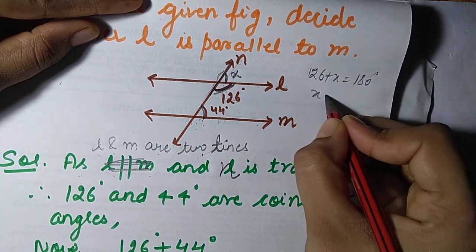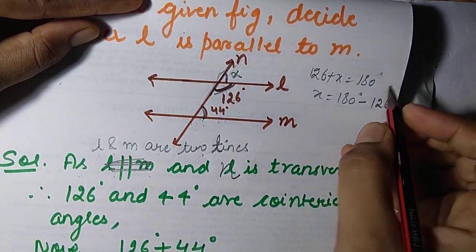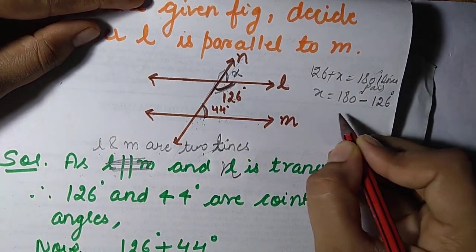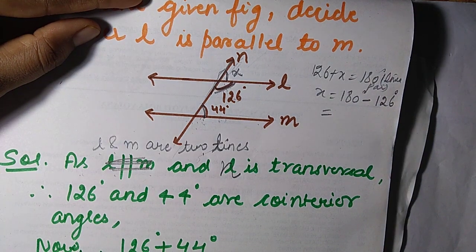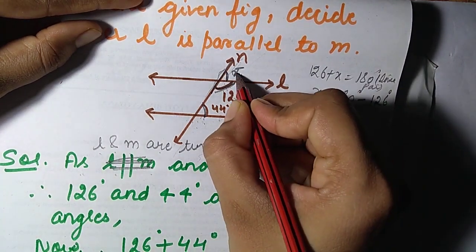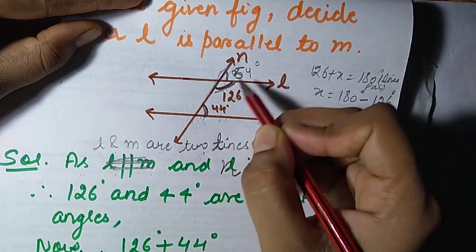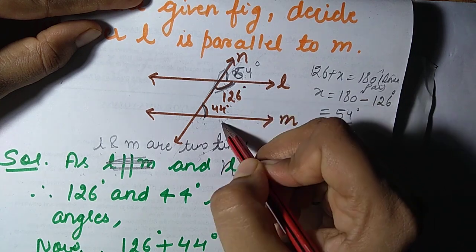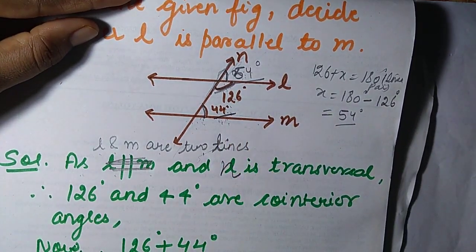So x will be 180 minus 126 degree, which is 54. So we get this value as 54. Now 54 and 44 are acting as corresponding angles, so they must be equal whenever the lines are parallel. But here they are not equal, so we can say the lines are not parallel.